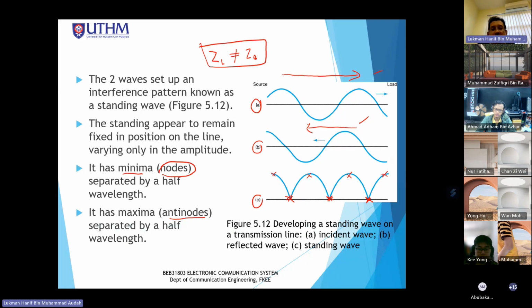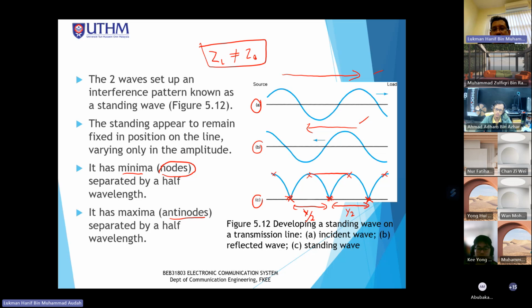Another parameter is that each of these nodes or antinodes is separated by half a wavelength. That means the distance is lambda over 2.